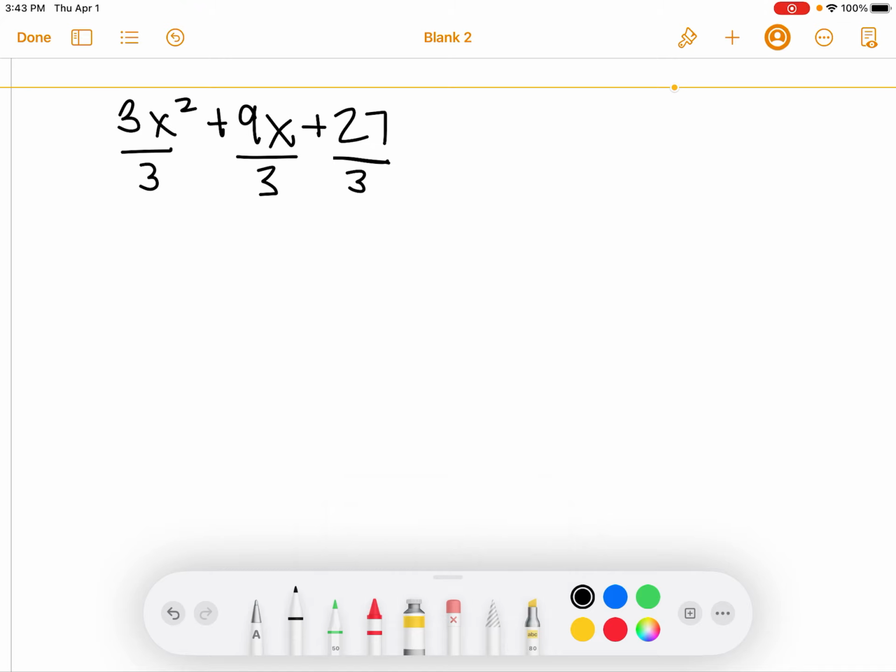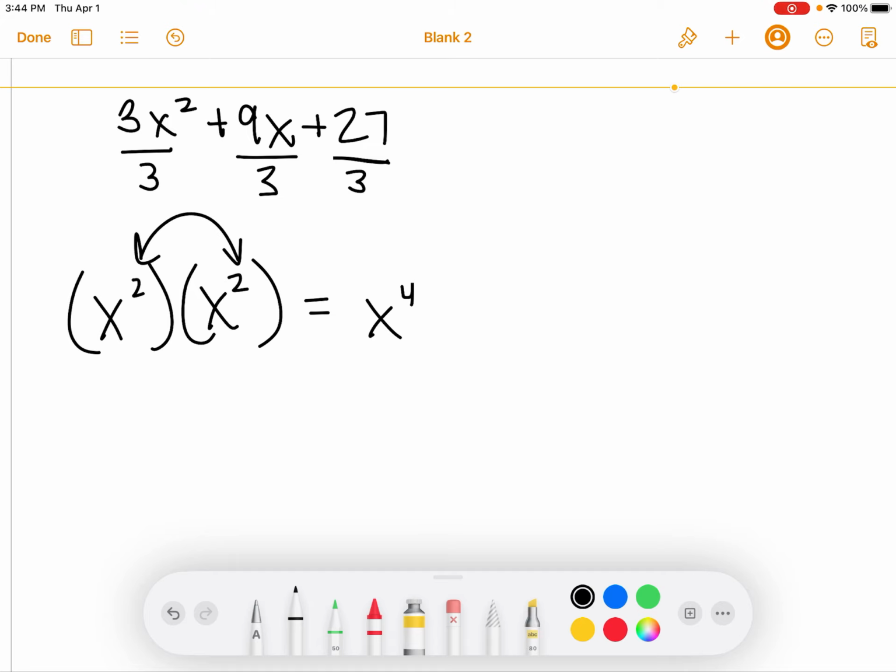So if you multiply 2 things, like x squared times x squared, you would get x to the 4th power. We didn't multiply the exponents, but when the terms are multiplied, the exponents add. This isn't a very good example because adding and multiplying would be the same thing.